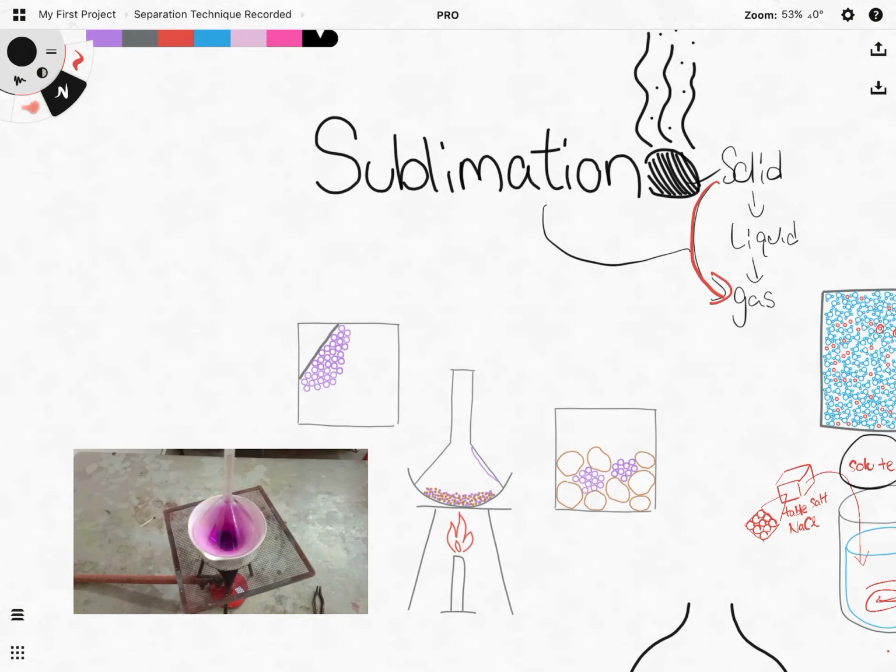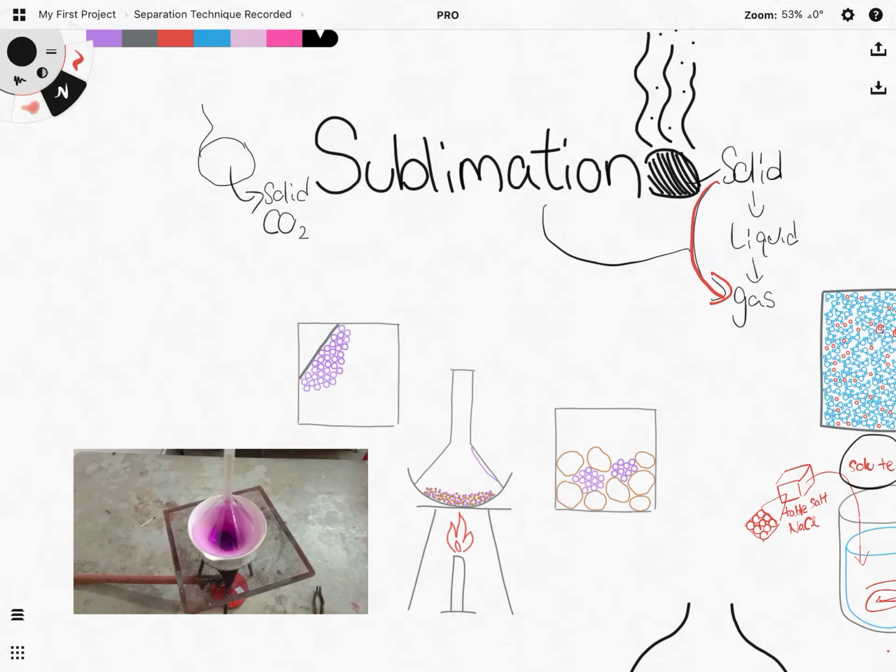I think you're already familiar with one solid that is able to carry out this process of sublimation. You may have played once with dry ice, right? What is dry ice? Dry ice is actually, if you did not know, solid CO2, solid carbon dioxide. What's so special about solid carbon dioxide is that it doesn't first melt into liquid carbon dioxide.